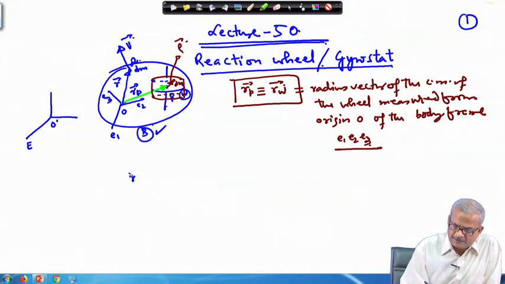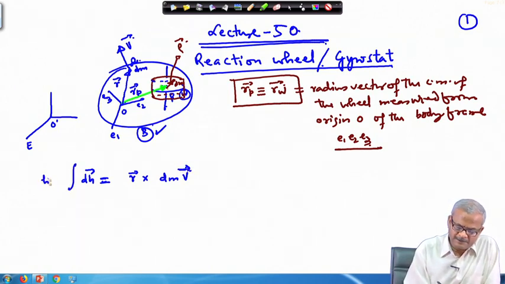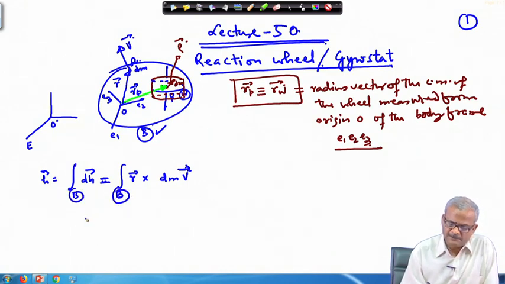So, this is an arbitrary point. Okay. So, angular momentum is defined as r cross dm v. And if we integrate it, we get h, and we integrate it over the main body.